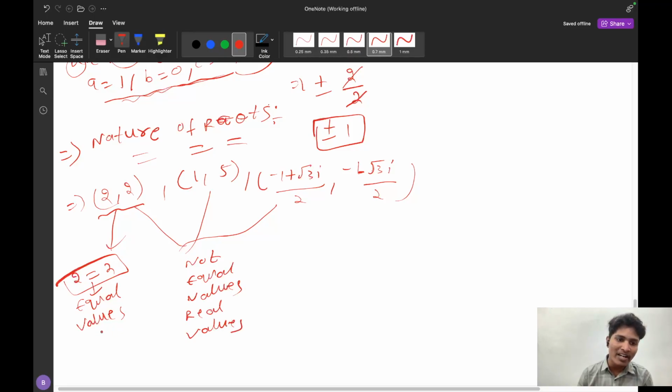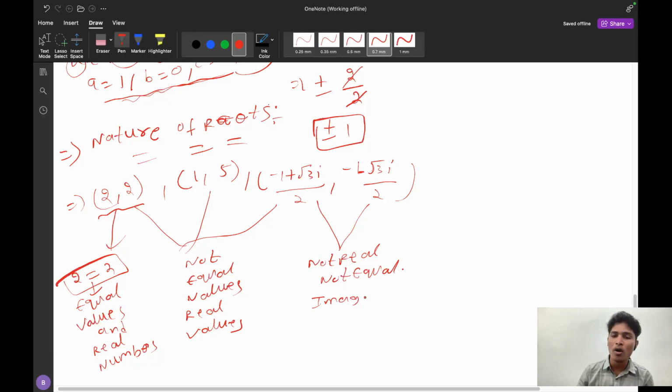Here also equal values and real numbers. And next, this pair is not real, not equal. Those are imaginary, or you can say complex. Imaginary or complex.